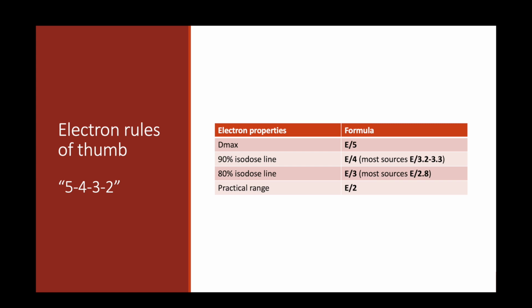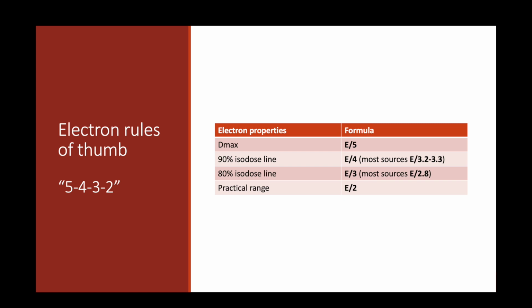Beyond 4.5 centimeters, we're not going to see much clinically relevant dose. And so we really don't have to think about using measures to block beyond that depth. Okay, so the practical range is energy divided by 2, and that is the range of doses that are actually clinically relevant. Think of that as the very tail end of that PDD where the dose finally falls off. That is the practical range.